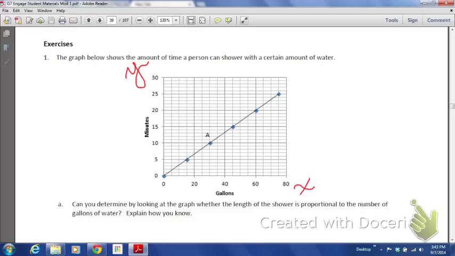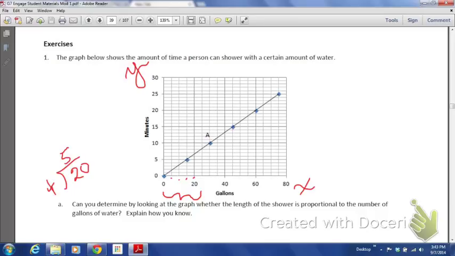But anyway, in this case, from 0 to 20 here, we have 1, 2, 3, 4 points. So there's 4 segments there, and each one of those is going to be 5, because we take the distance from 0 to 20 and divide it by the 4 segments, and we get 5.